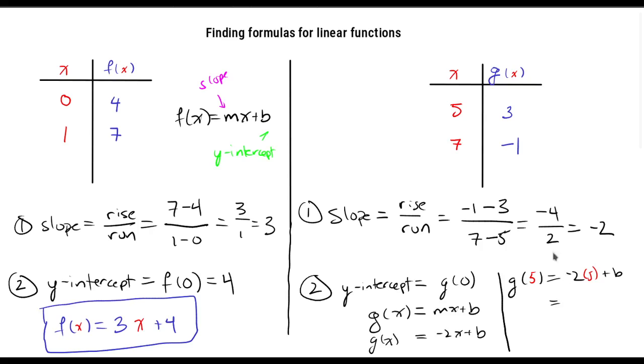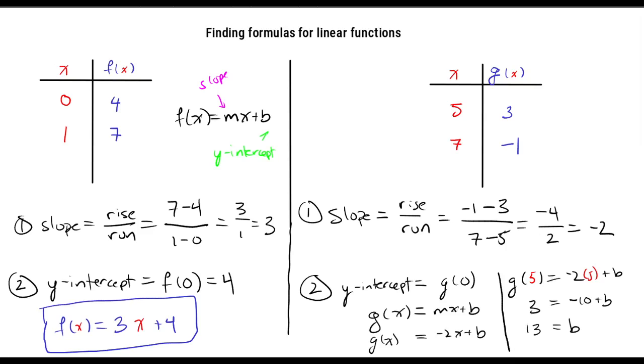And so there we simplify. We know that g of 5 is 3 because that's what the table tells us. So this is 3. -2 times 5 is -10 plus b. If we add 10 to both sides, that gives us b equals 13.